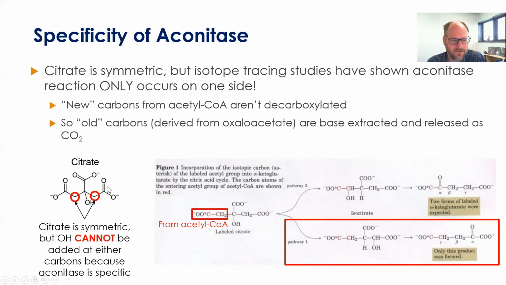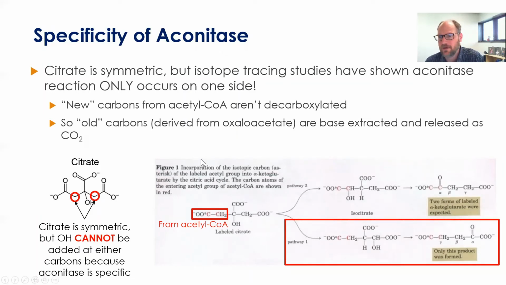Okay, even though if you stare at the structure, you should say, well, surely this hydroxyl should add to either position evenly. It doesn't, and the reason for that is the molecule is what we call prochiral, which is that the enzyme holds it in a particular way that prevents the chemistry from happening evenly on either side.